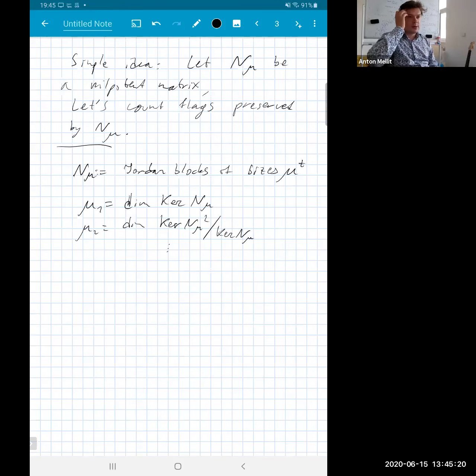So this is my convention for passing between nilpotent matrices up to conjugation and partitions.